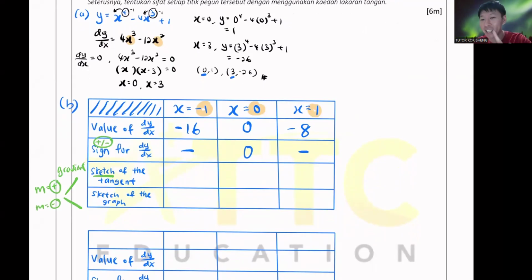You have to draw this line only. So from here, negative is going down. Draw one line like this, looks like a slash. Second one, 0 is not going up, not going down, it's going straight. Horizontal. Last one.